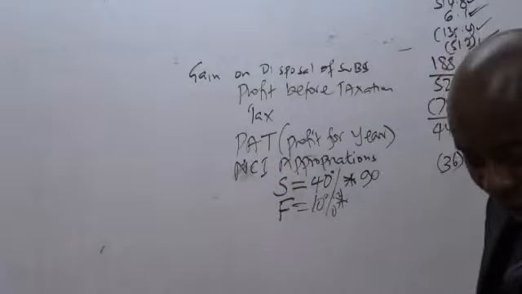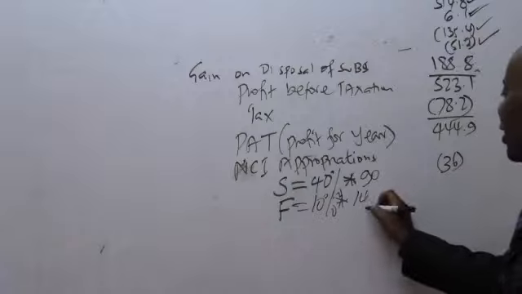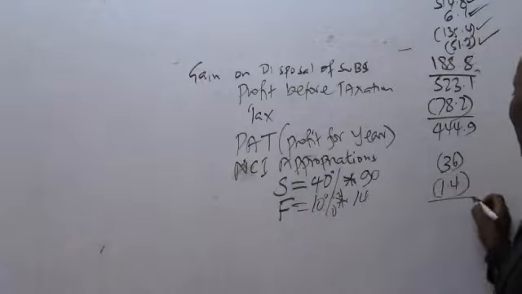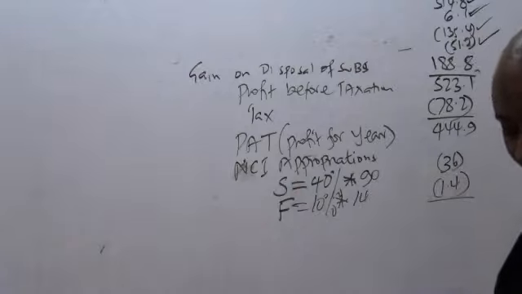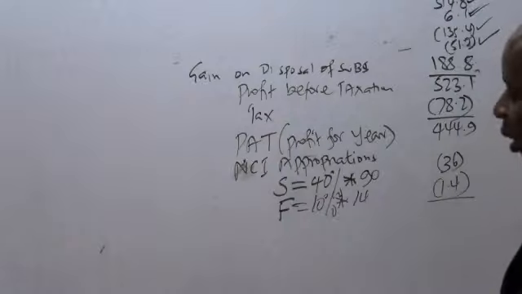So they tell me that for F it is supposed to be 14. So 10% of 14 gives me 1.4. So please come and subtract there, subtract like that for you to be able to give me the profit attributable to the group.